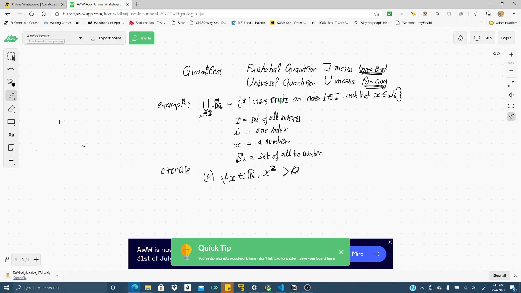Because x squared could be 1 times 1, it could be 2 times 2. So they're all multiples of themselves.